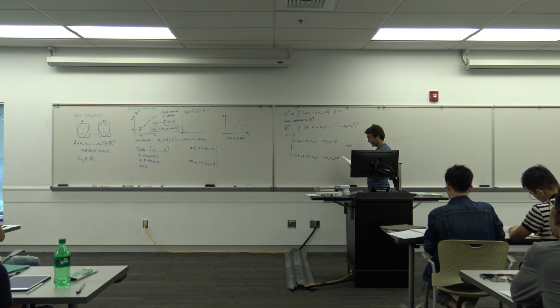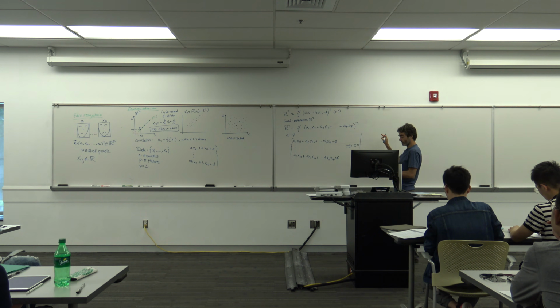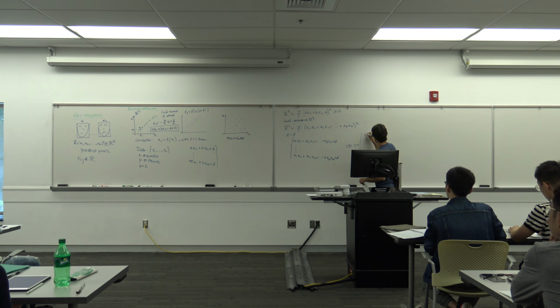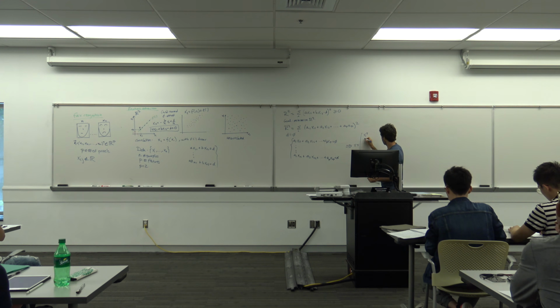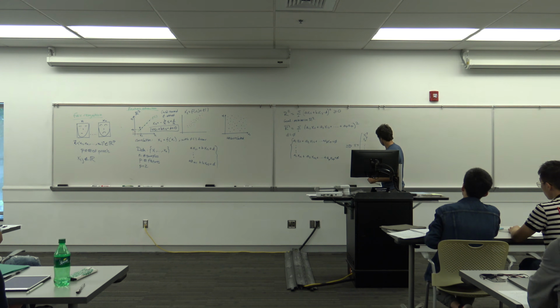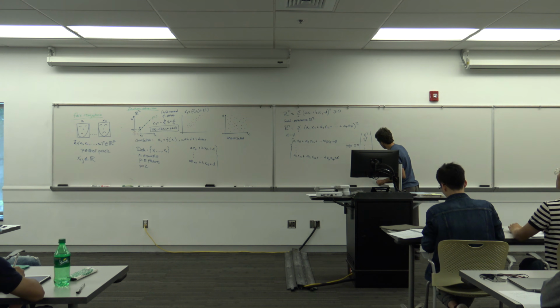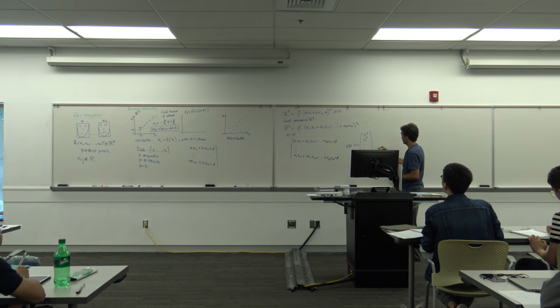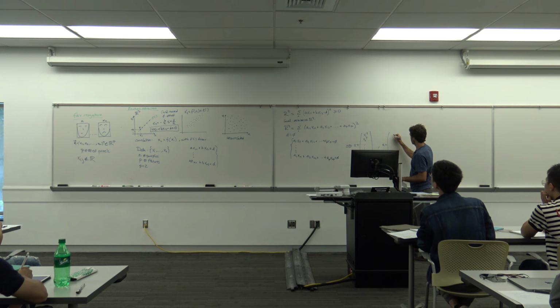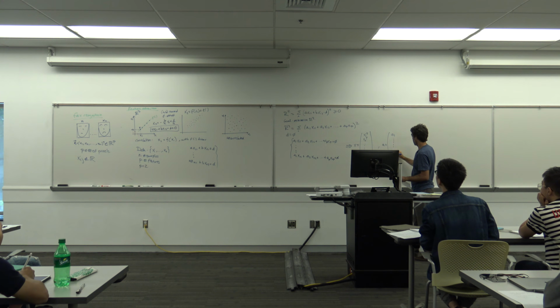I can define a matrix X whose rows are my vectors, my sample vectors x1 through xn. And I can also define a vector A. This is a vector, which has the components A1 through AP, right?